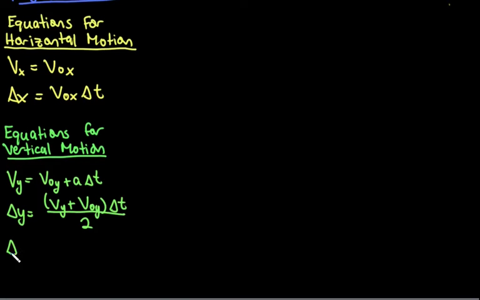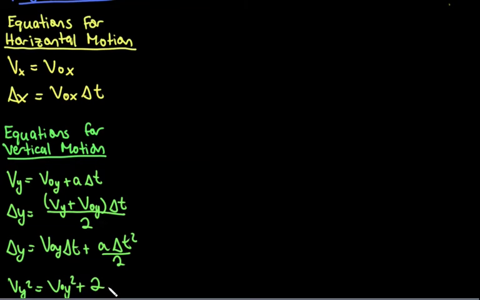The third one is delta y is equal to v naught y delta t plus a delta t squared divided by 2. And then the last one is v y squared is equal to v naught y squared plus 2a delta y. So when we consider projectile motion, we are looking at these different formulas here.